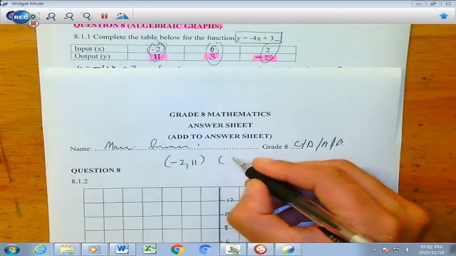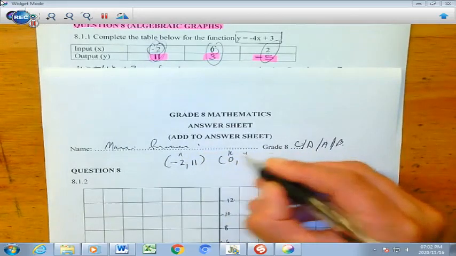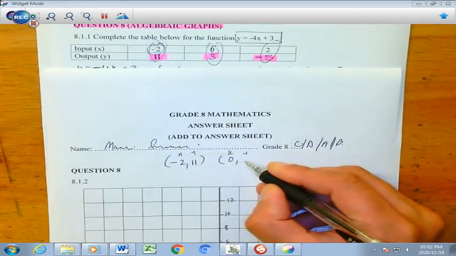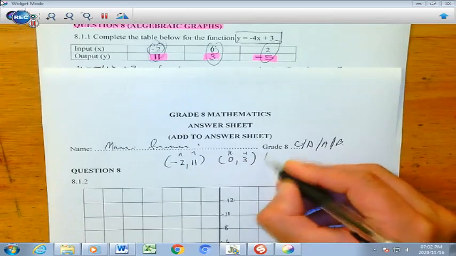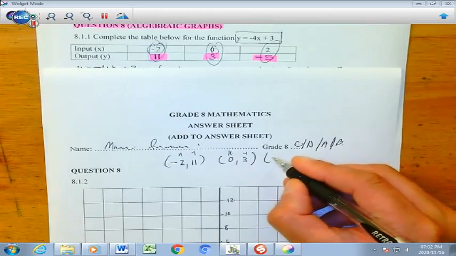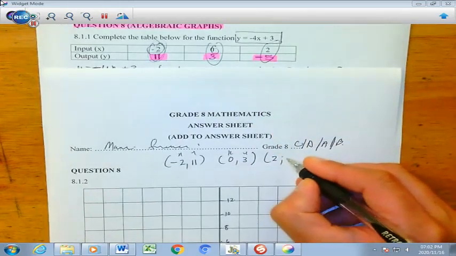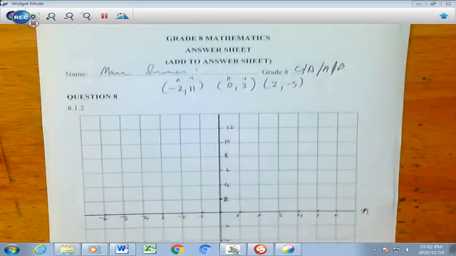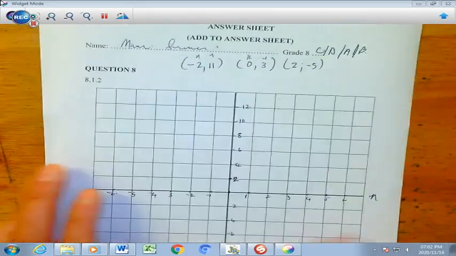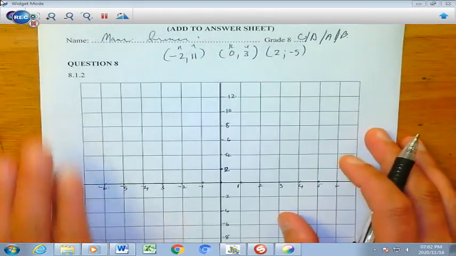The second one is going to be 0, because you have your x values first and then your y values, the way you write it is as coordinates, and you're going to have 3 there. And then the third one would be 2, this is your x value, and -5 is your y value. So let's plot those 3 points on our graph and see how it's going to work out.